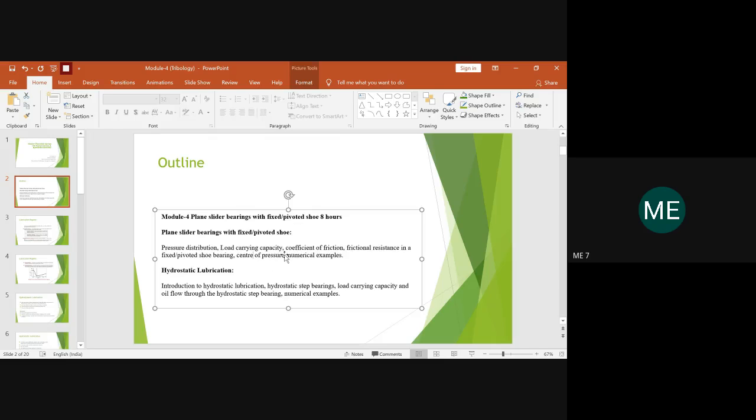Once you are aware of all these terminologies, again we have numericals to solve. So be clear in understanding the concepts and the derivations because you need to use these equations to solve the problems. You usually get numericals in module 4 as well as module 3, so be careful and read well.